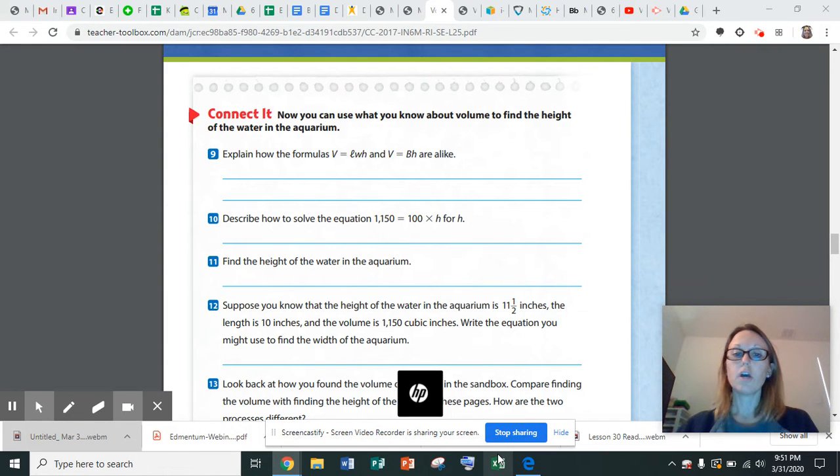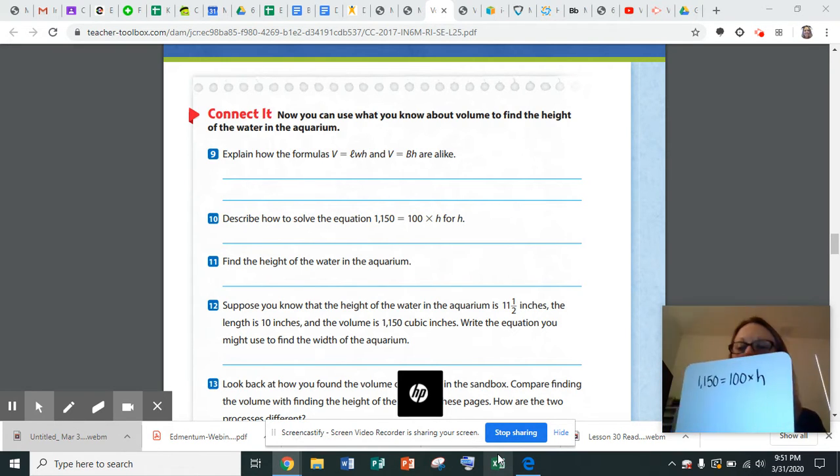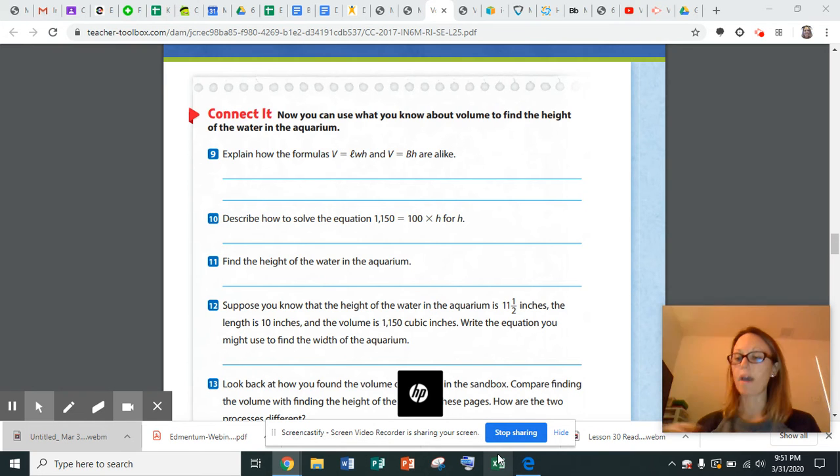When you are solving an equation, just like when we were working with equations before, you have to solve using the opposite operation. So what is the opposite of multiplication? The opposite of multiplication is division. So you have to divide both sides by 100.